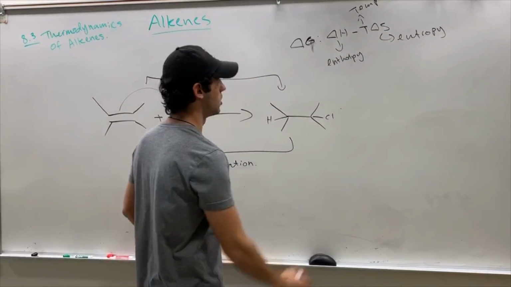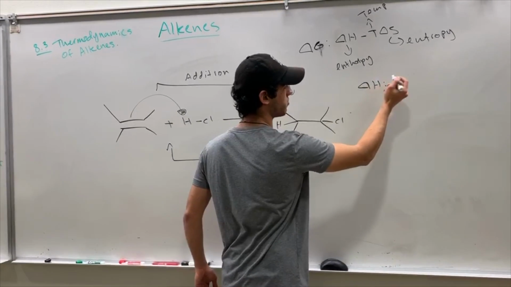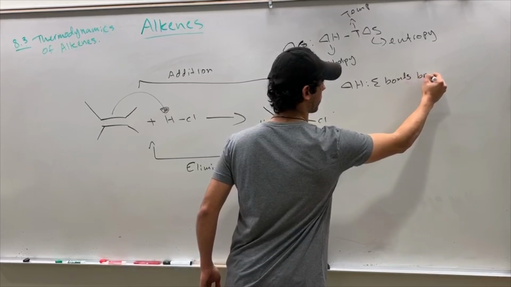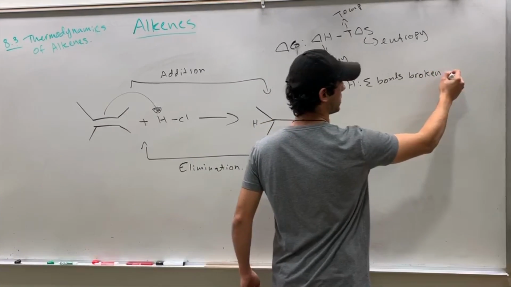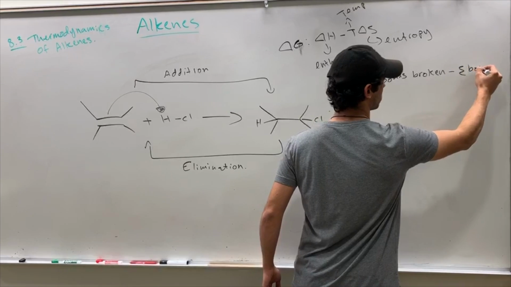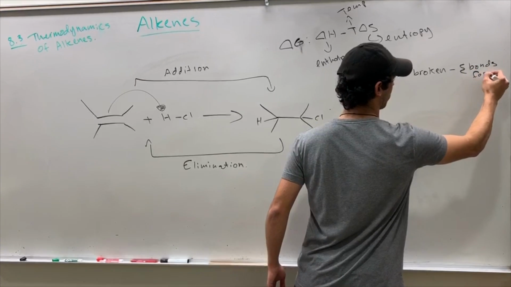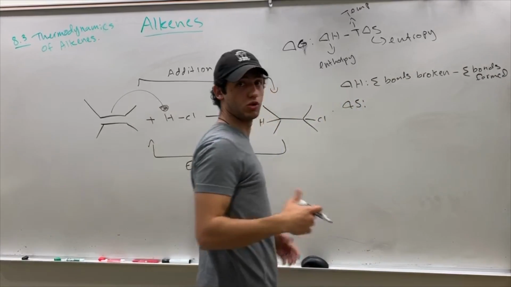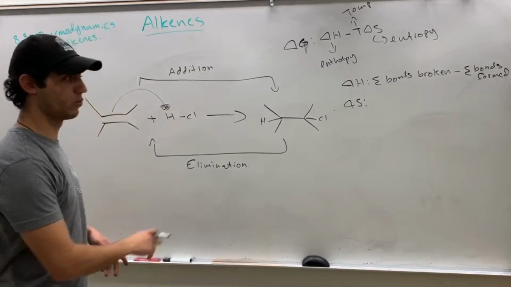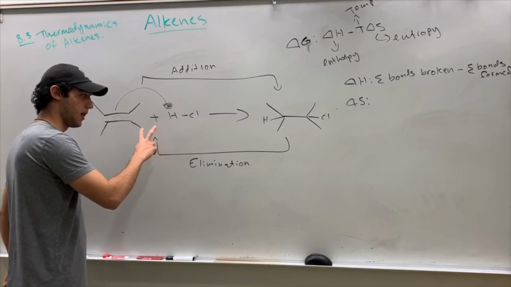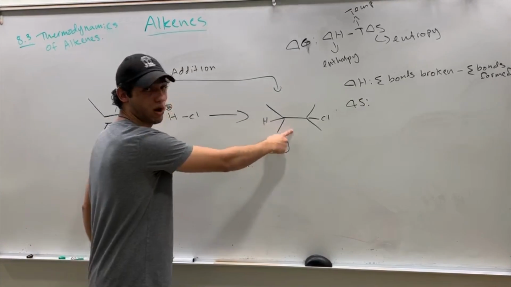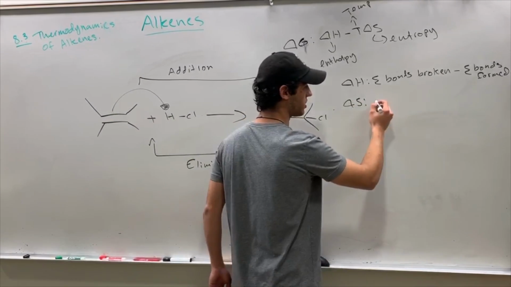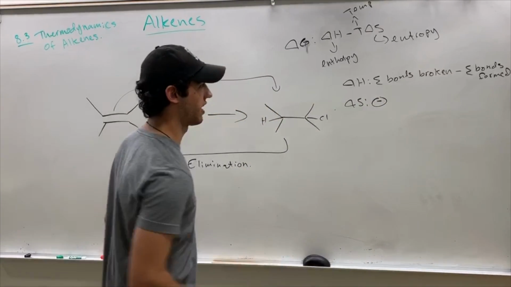So delta H, if you remember, is the sum of bonds broken minus the sum of bonds formed. And delta S tells us which one is more disordered or less disordered. We can tell because we're going from two reactants to one product. This is less disordered, so we remember less disorder gives us a negative delta S, negative entropy.